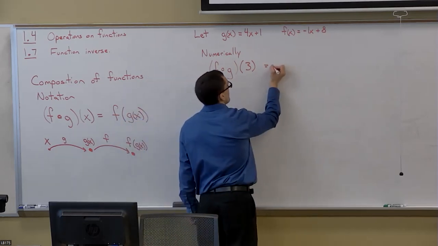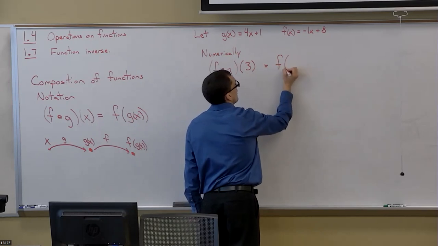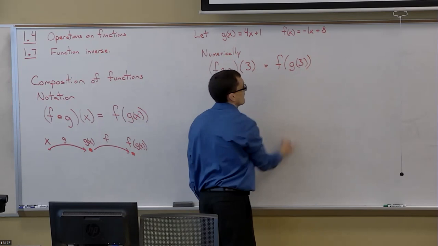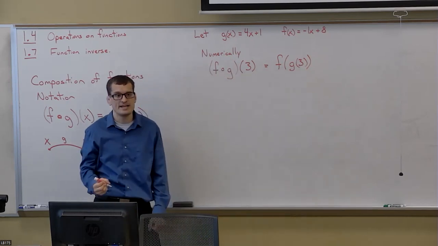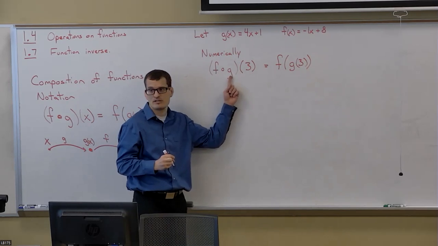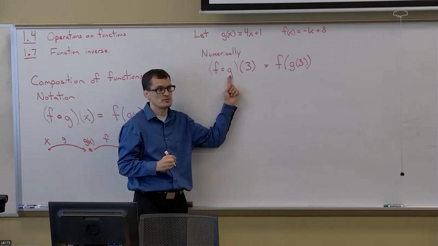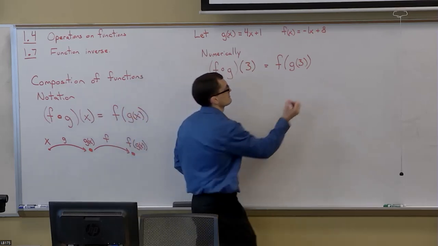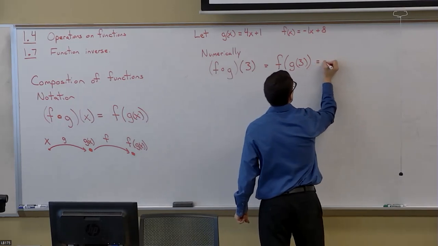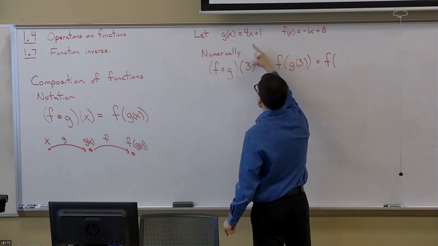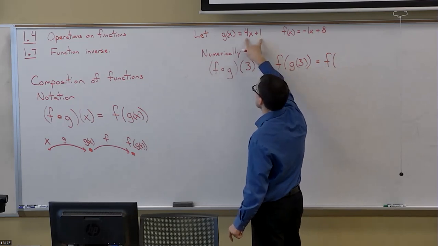So what you would do is you would say that means I want to plug the number 3 first into my function g, always the near one. You plug it in first to the near function, so g in this case. Now when you input 3 into g, that is just this expression.